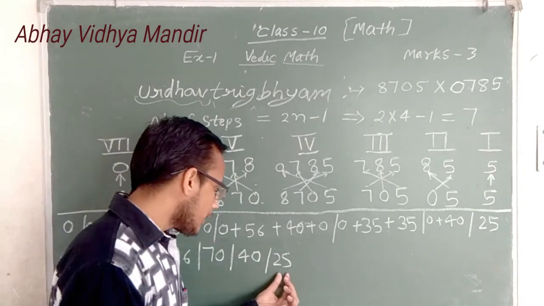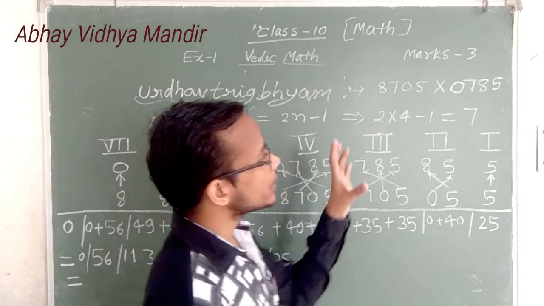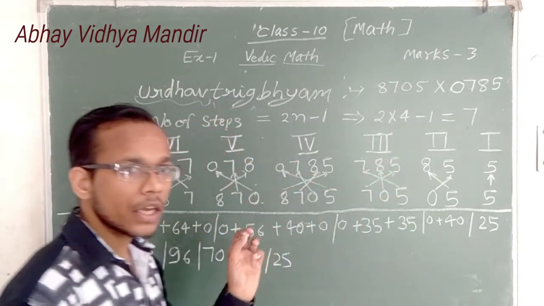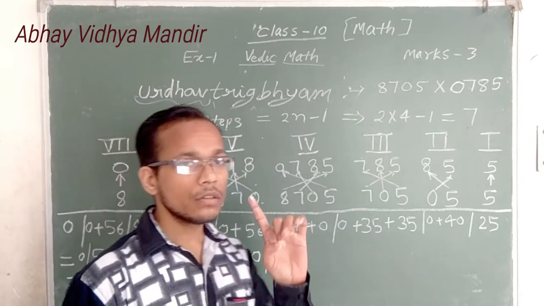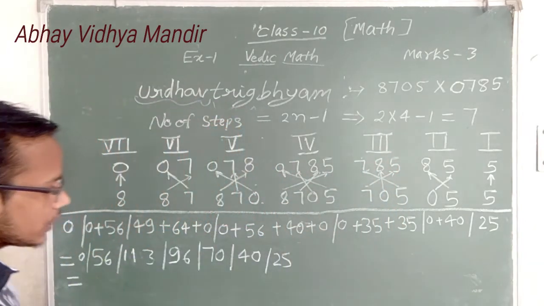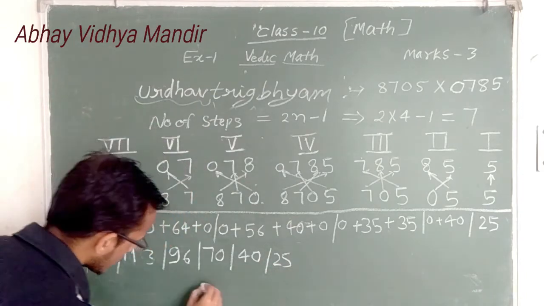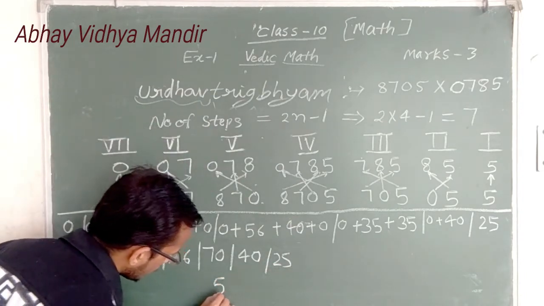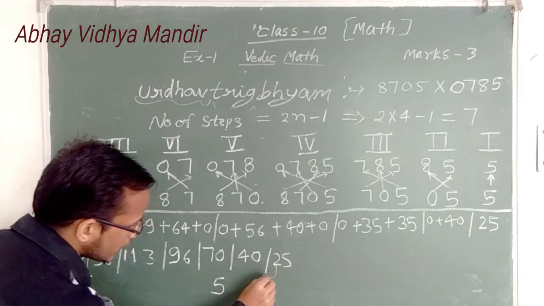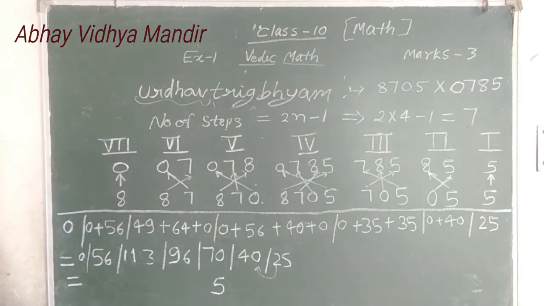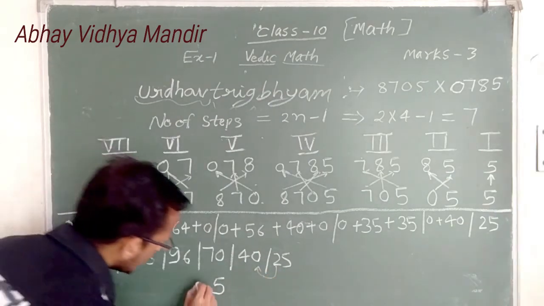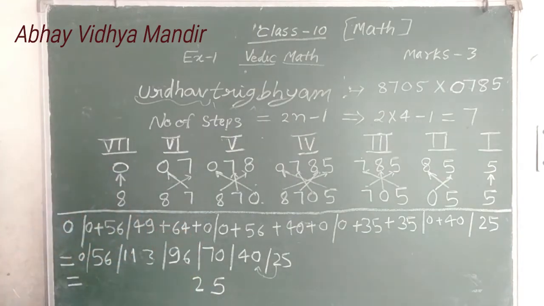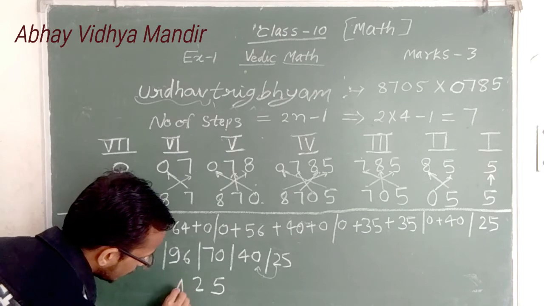Now the base is always 10, so we take only one digit. The first digit is 5. The next digit carries to this, so this becomes 42. Then 2 comes here, and 4 carries to this, giving 74.